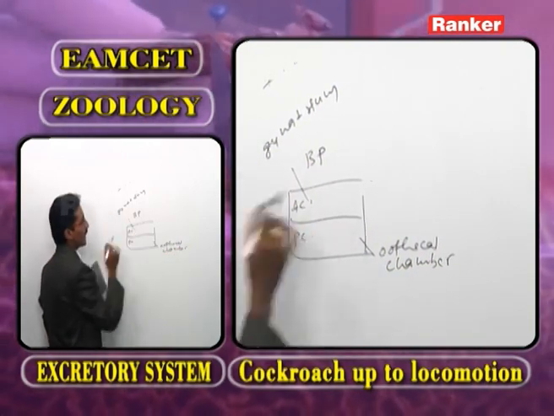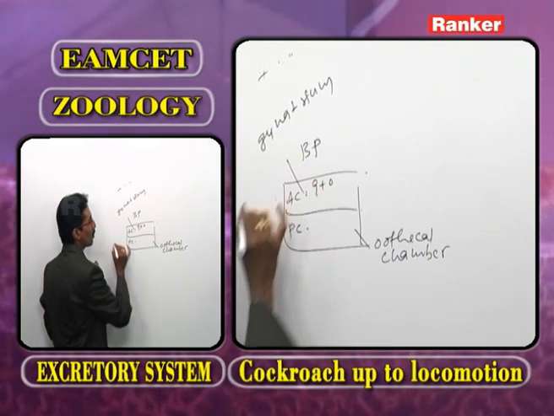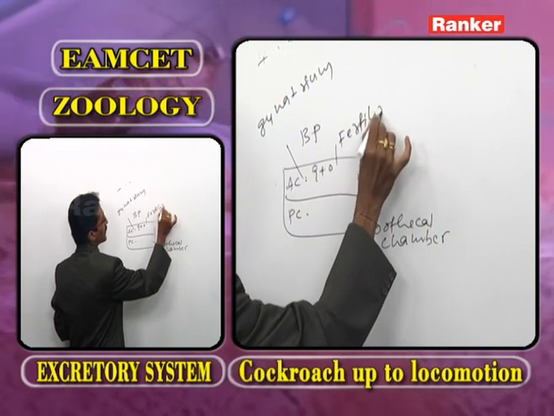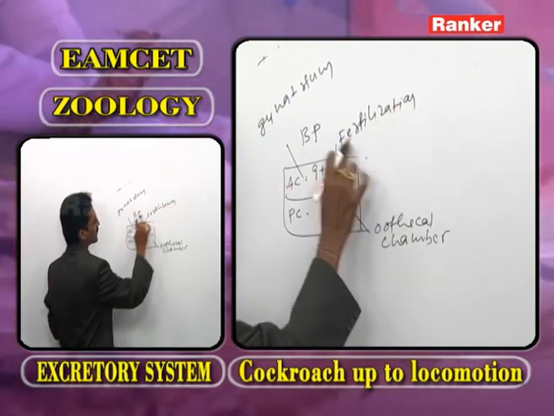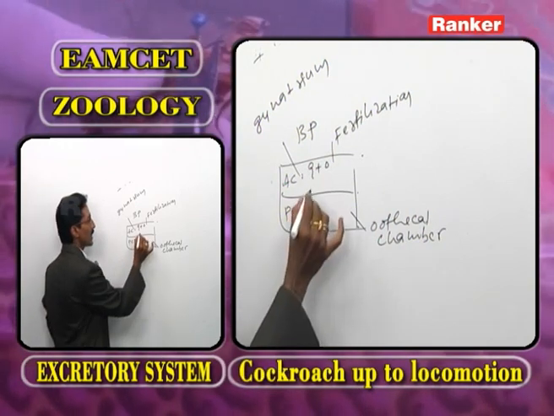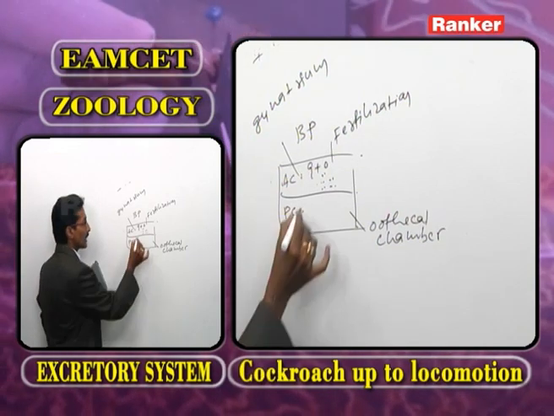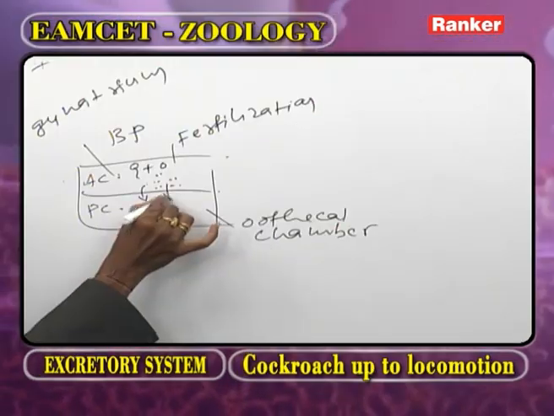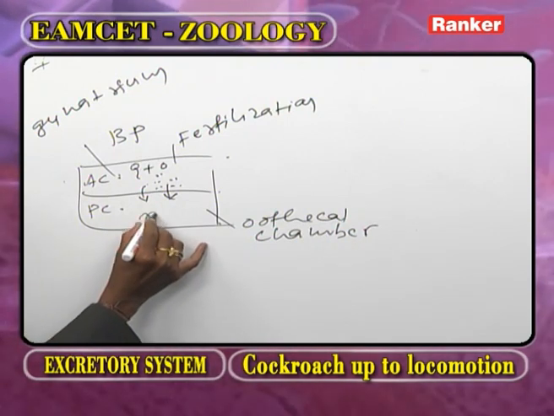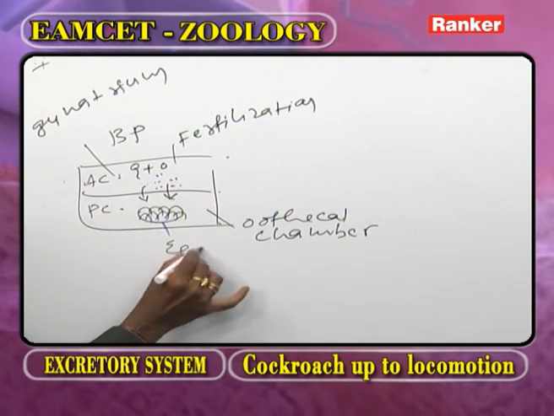Now, in the gynatrium, the sperm and ovum will undergo what process? Fertilization. Now, what is the site of fertilization? Gynatrium. After fertilization, we are getting the eggs. Now, the eggs transfer into the oothecal chamber. In the oothecal chamber, the eggs are united to form egg case.